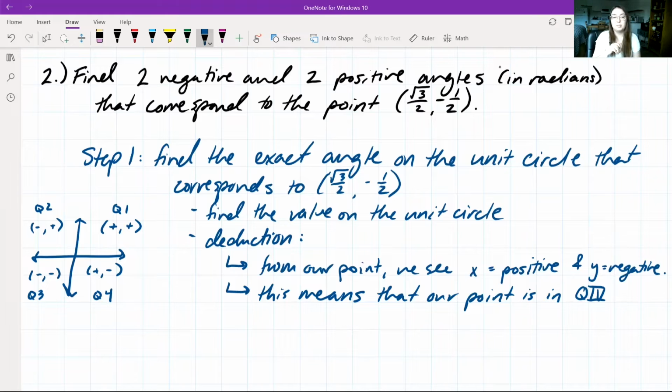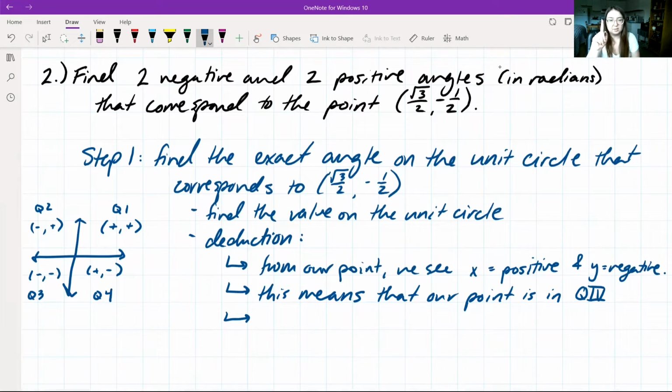So because of this, our point has a negative y value, positive x value. This means it's in quadrant 4. So we've determined that our point is going to be in quadrant 4. So the next thing we want to do is recognize what integer multiple this point is going to be at.